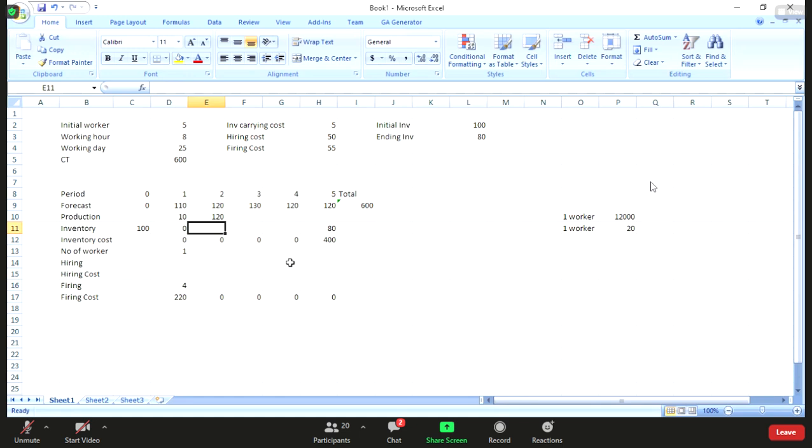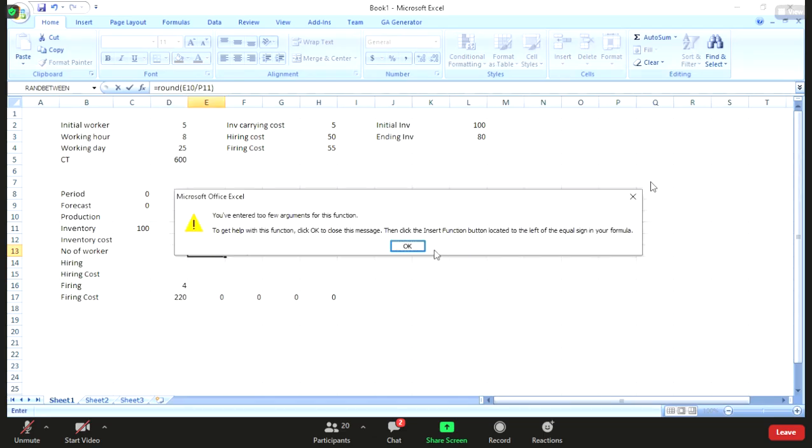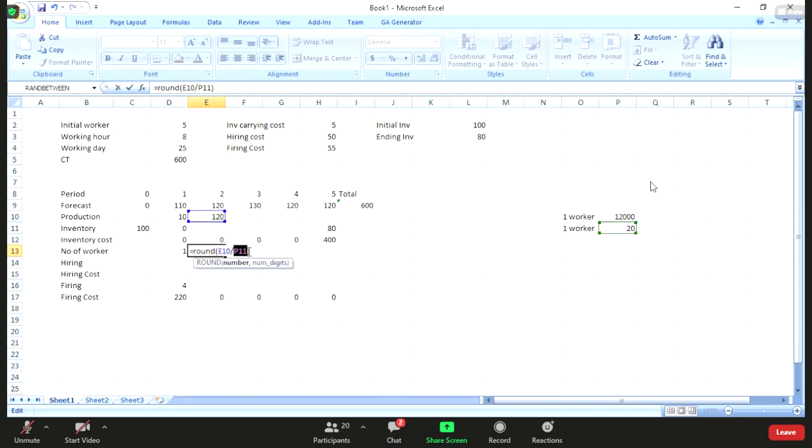Okay, so then number of worker here, we can use our formula: round the production divided by 1 worker can produce 20 units. Number of digit, 0. So we require 6 workers.